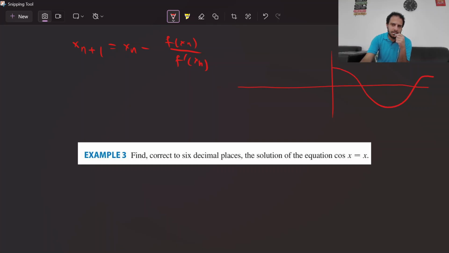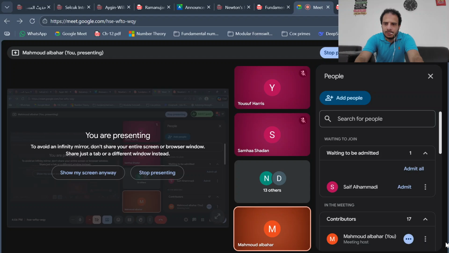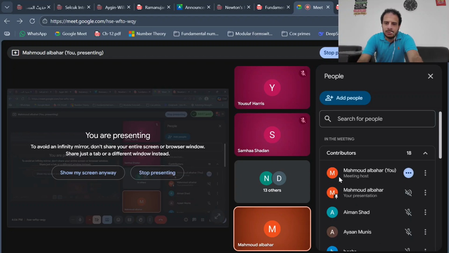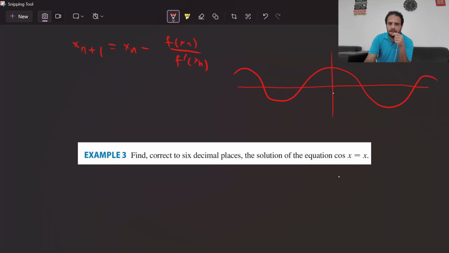Here is the graph of cosine. Next, let's draw the graph of x. So here you have y equals x. Here you have y equals cosine x. What's the x value here? Pi over 2, right?